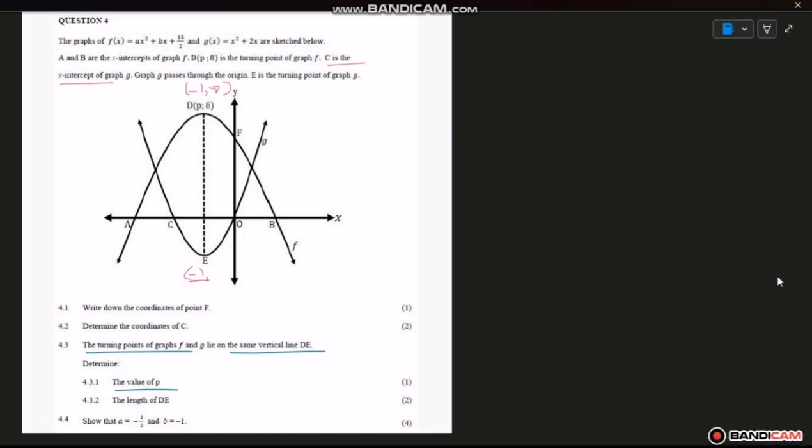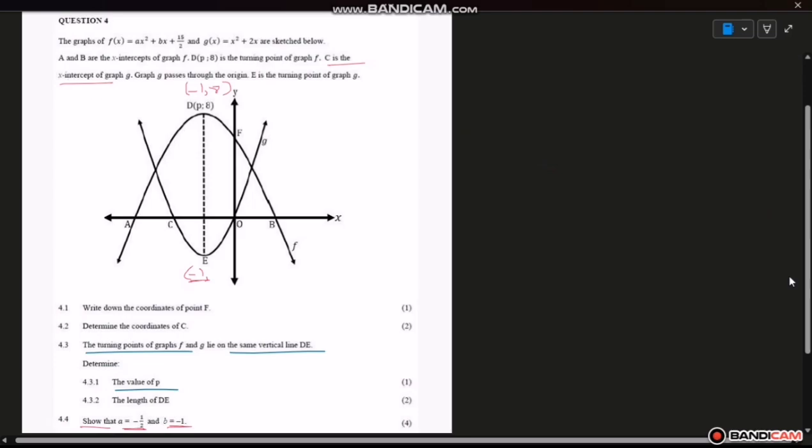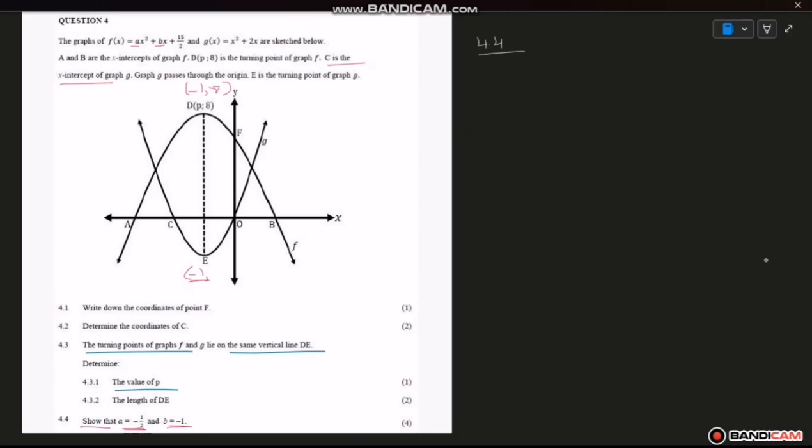So here they want us to show that a equals negative half and b equals negative 1. That's what they want us to show. We are proving. What you know is that a is in the graph of f and b is also in the graph of f.